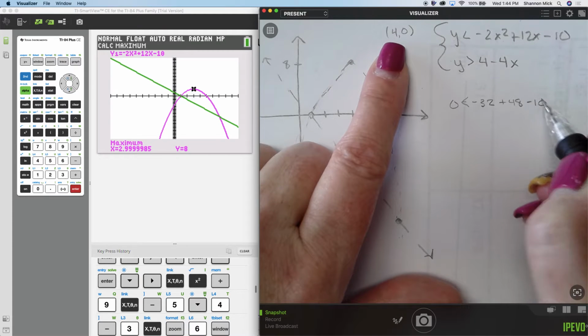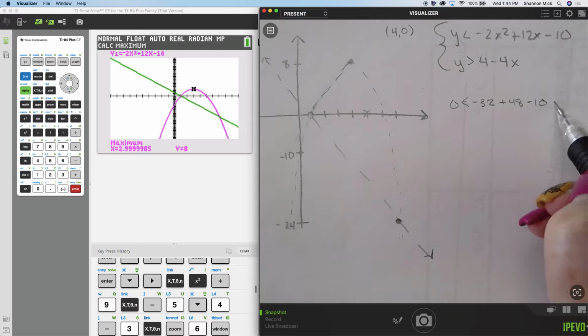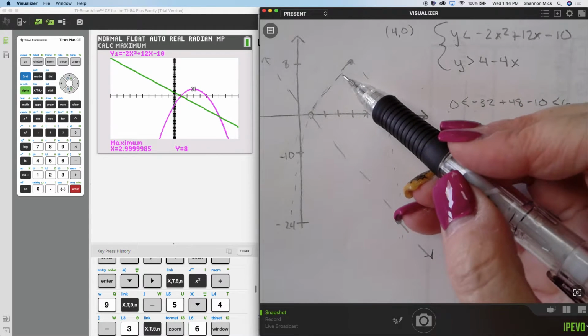So that would be negative 42, so that would be 6. So is 0 less than 6? Yes. Okay, so we know for the parabola it's all going to be under here.